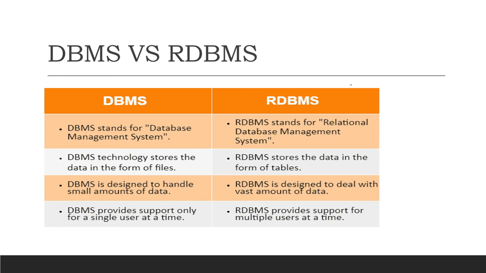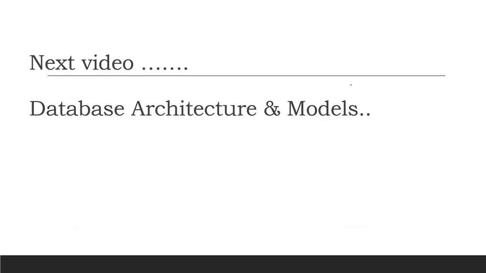Now, DBMS provides support only for a single user. This is the biggest difference. And RDBMS provides support for multiple users, right? I mean, in DBMS, only one user can access data at a time, but in RDBMS, the same database can be accessed by multiple users at the same point of time. So this is the biggest advantage of RDBMS.